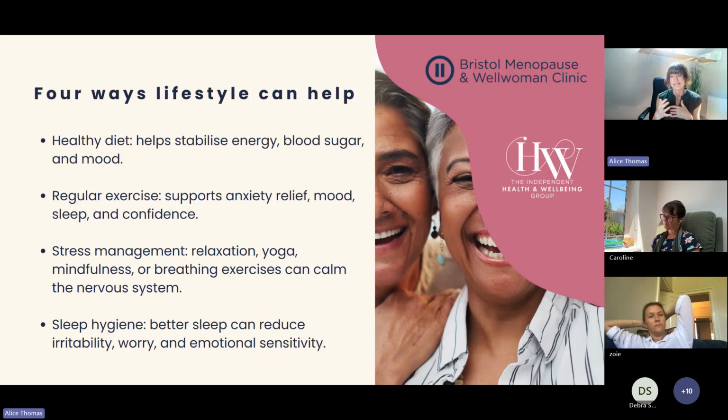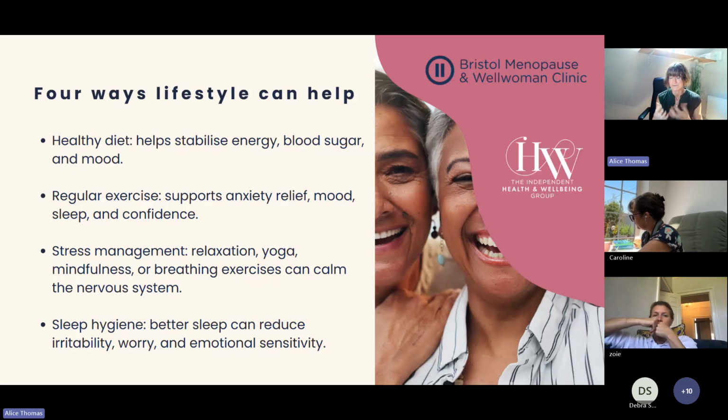And building up to strength training, building muscle mass can be a superpower in the perimenopause and the menopause. Good muscle mass, we know that building the muscle mass is really good for our skeletal health, our bone health, helps to promote improved bone density and reduce the risk of osteoporosis.